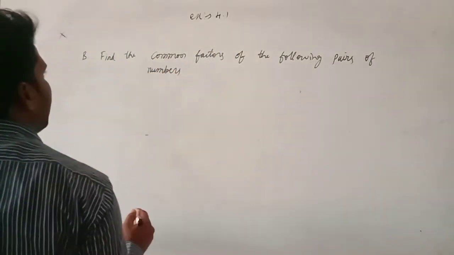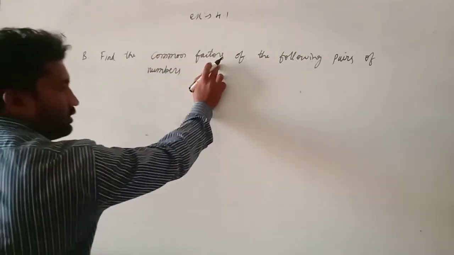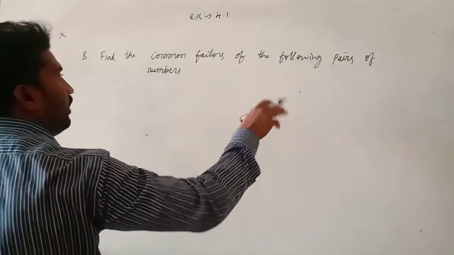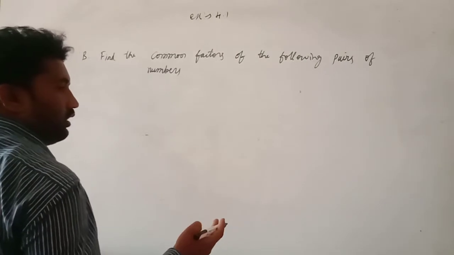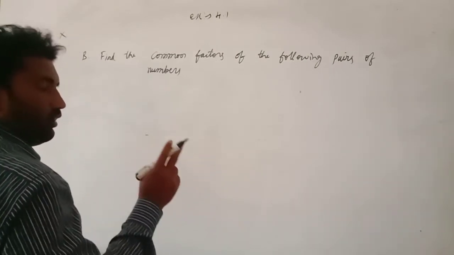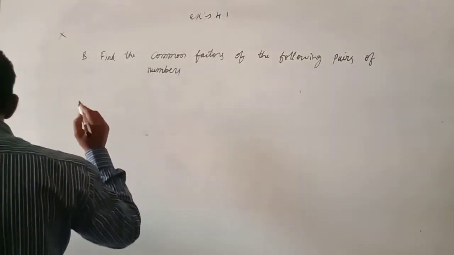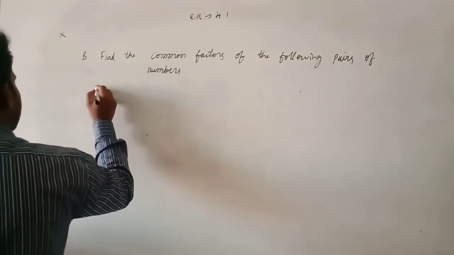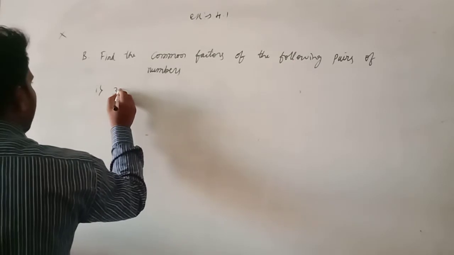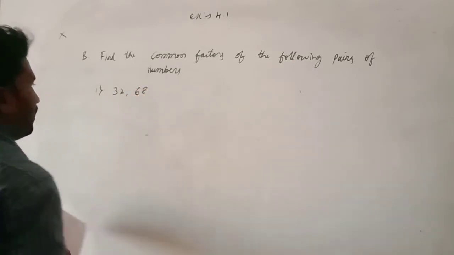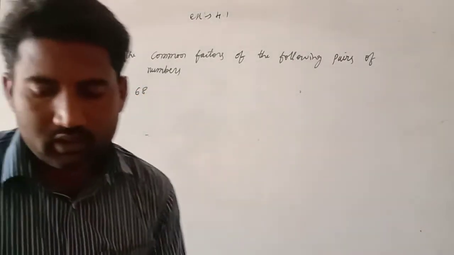So what we have to find out? We have to find out the common factors. Common factors of pairs are given. Pair means taking any two objects. Here two numbers are given. The first one is 32 and 68.